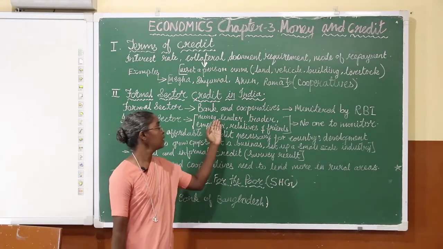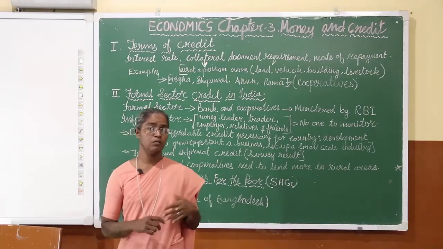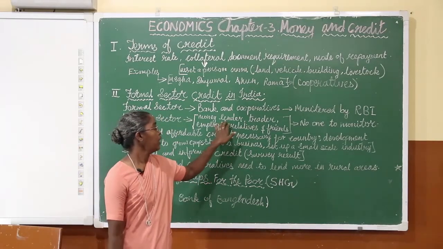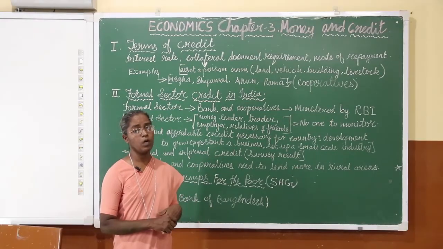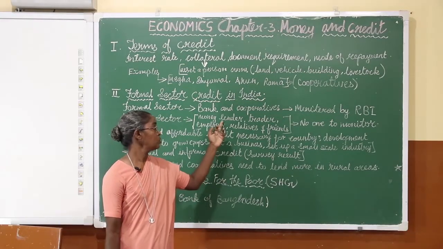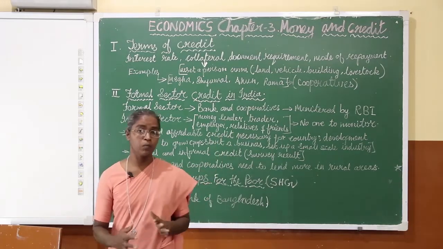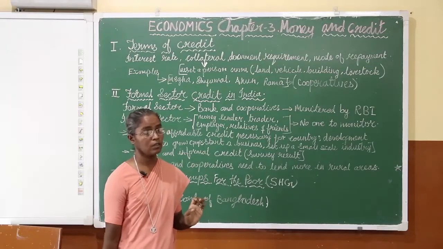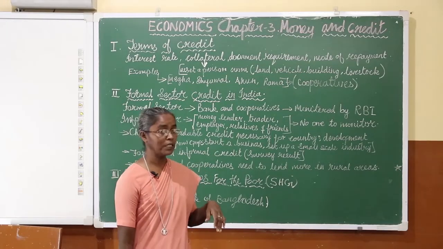A moneylender may charge more interest when he lends money to people, and he may also ill-treat the persons to pay back the amount. It happens the same with all the other informal sources, those who give the amount as credit.